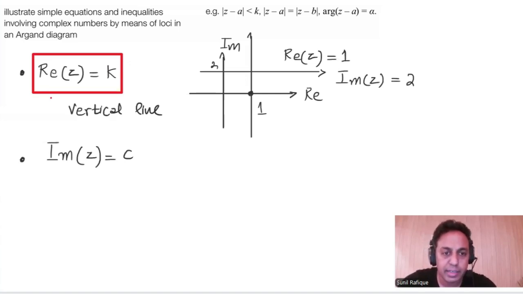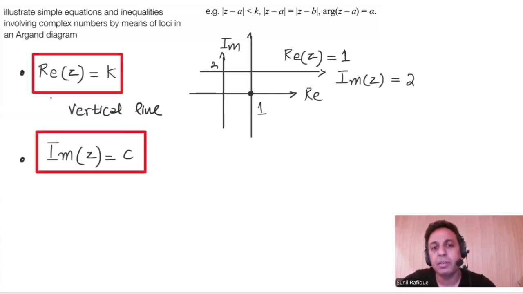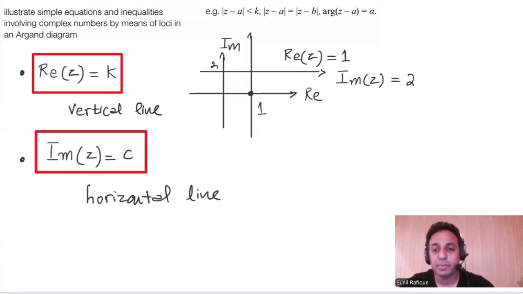So let's highlight this as well. And I'm going to be giving the name of this type of locus. Oh, by the way, locus means path, trajectory. So it's like a path this complex number traces on an Argand diagram. So this is the horizontal line.